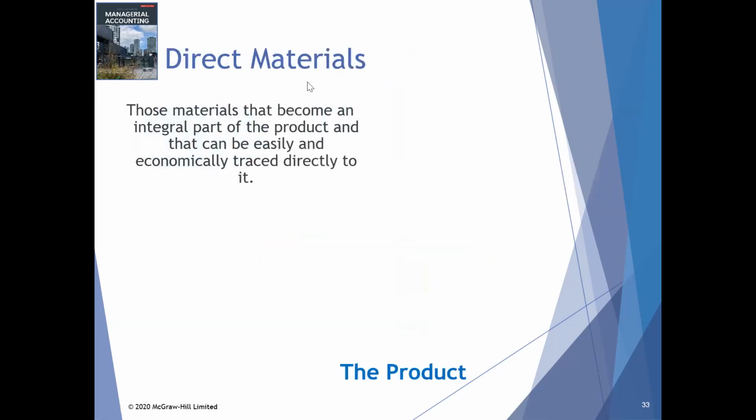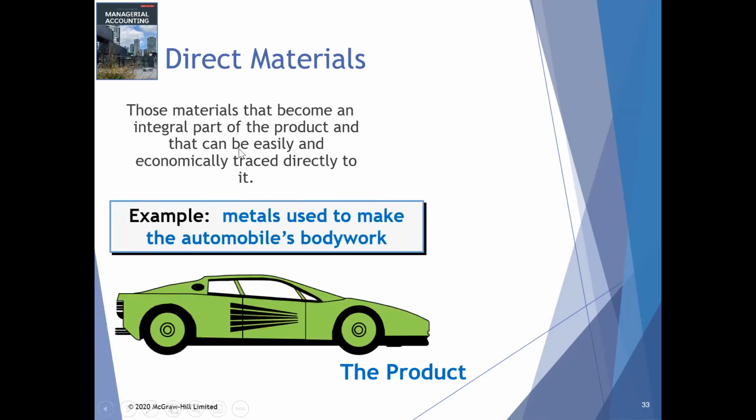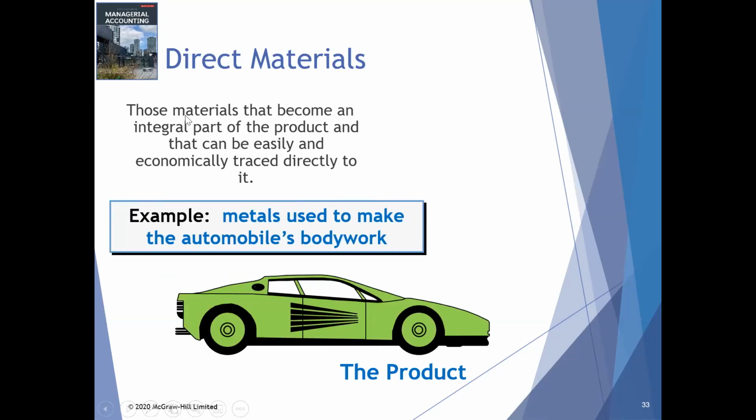Let's say direct material. Look at this. Those materials that become a very important and integral part of the product. The product is a car, and some material is required that can be easily and economically traced directly to it. Let's say the metal used to make the automobile's bodywork. How much metal was used?